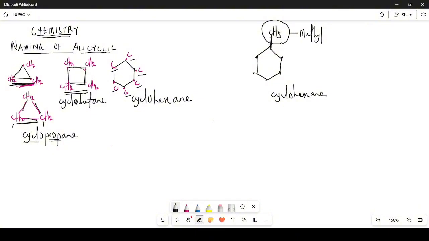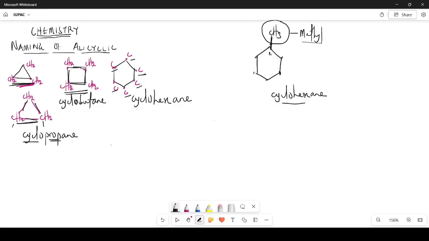Interesting. Perfect. So now, since you have called this methyl, remember in your rule of naming that we have done in our previous videos, we said after you have selected your parent chain, and this is our parent, this is our substituent, what else would you do? You are going to number. So you start numbering from here. 1. You can decide to go clockwise or anti-clockwise. There's no rule to that one.